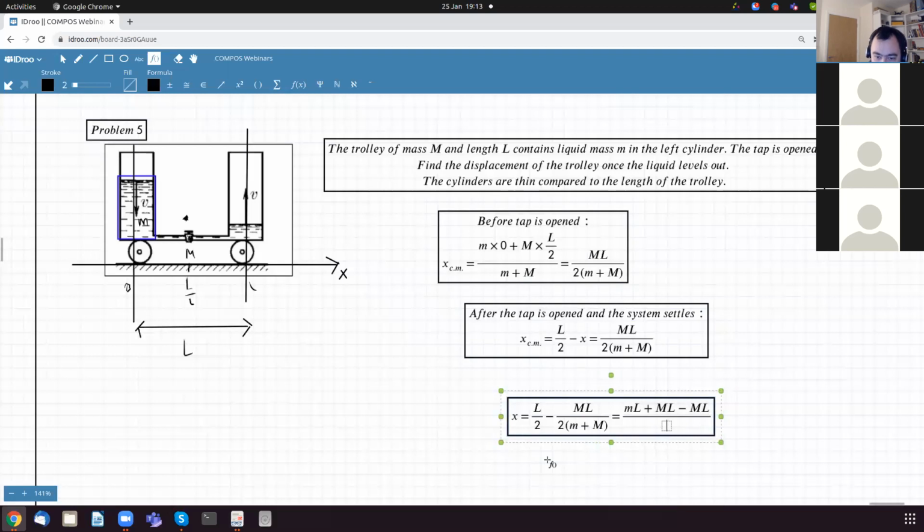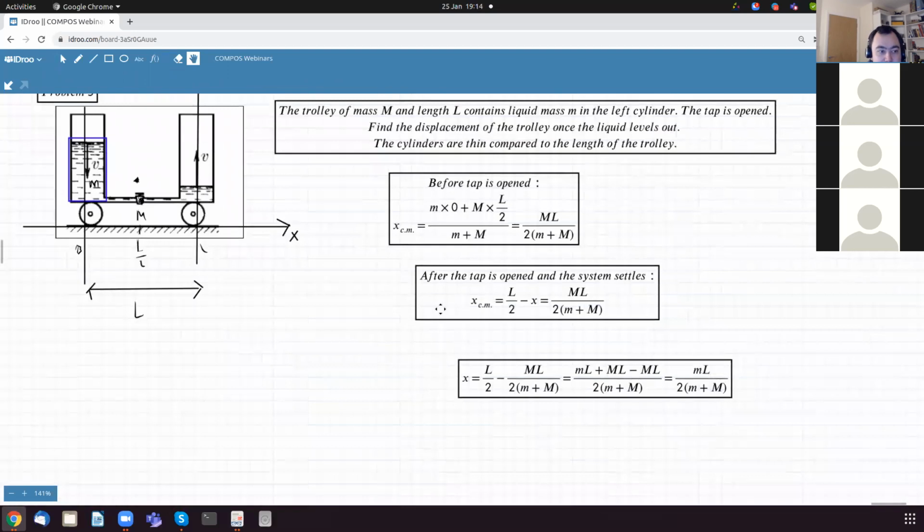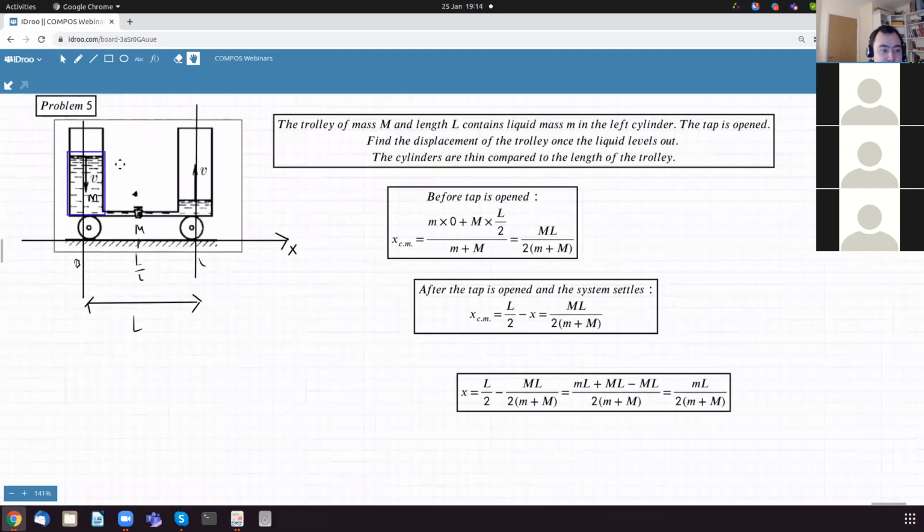Minus mL divided by 2M plus m. mL cancels out, and you get mL over 2M plus m. This is the distance the trolley moves. And as a matter of fact, it just moves a distance that is equal to the distance from the center of the trolley to the original center of mass.